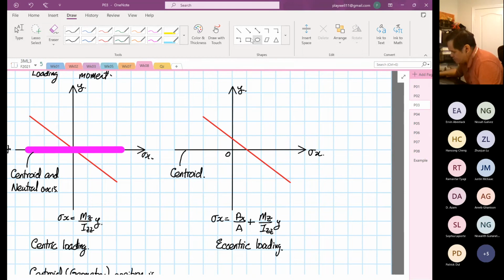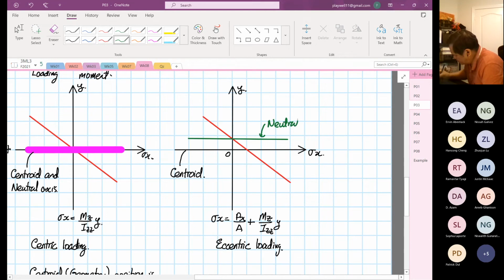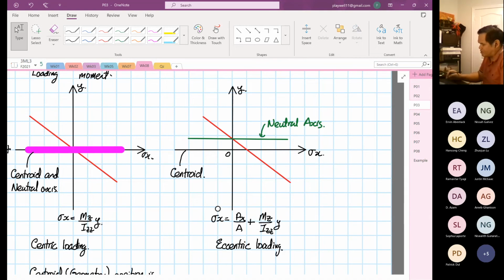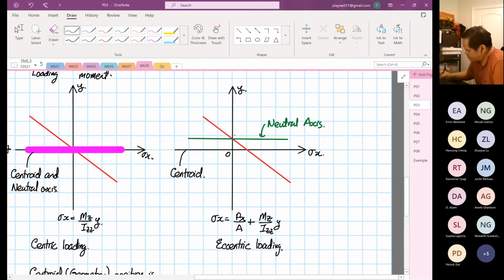So I'm going to draw the position of the neutral axis. You can see the neutral axis and the centroid are not at the same position anymore. There's a shift, because the neutral axis is based on the fact that stress x is equal to 0. At this point, you can see stress x is equal to 0.